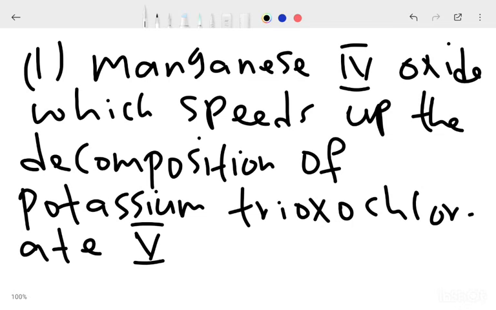Okay, so positive catalysts are important in the chemical industry since they can speed up a slow reaction.